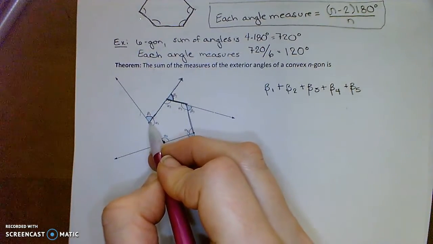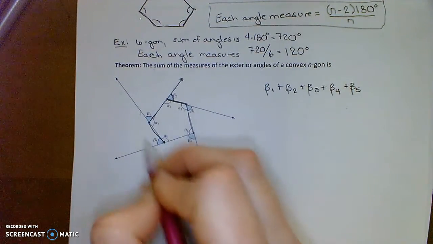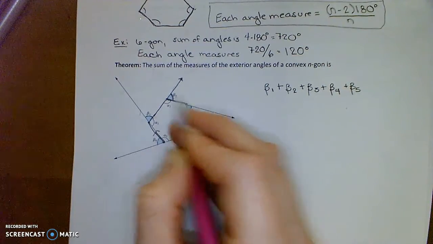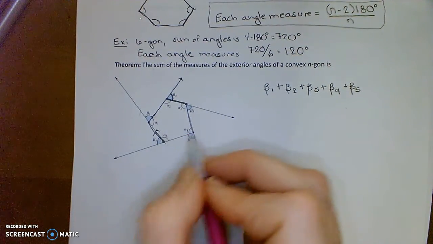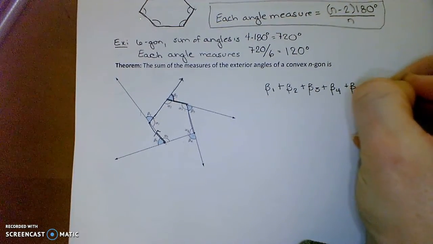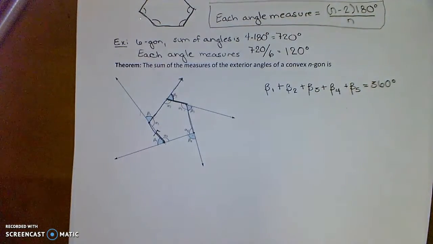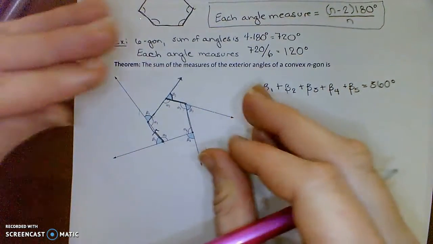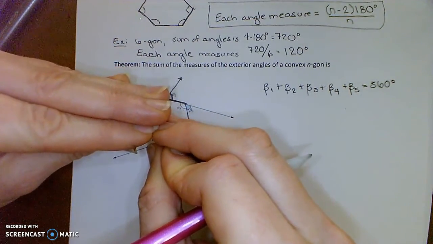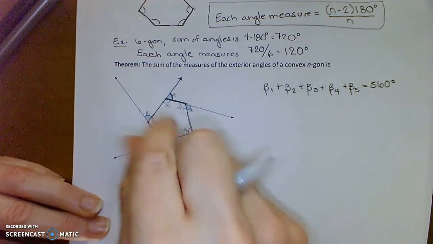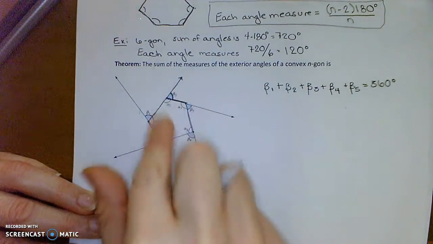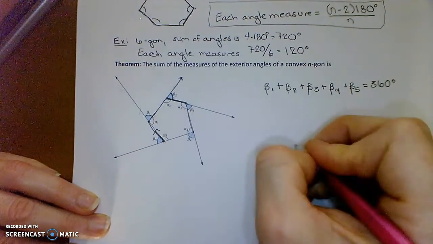So, well, what happens when you make all those turns? You start out facing this direction, you turn, and you end up facing this direction. You made a 360-degree turn. All right, and that can also be seen if you imagine shrinking this shape so that you don't change the angles, but you shrink it so that the interior of your polygon becomes like nothing.